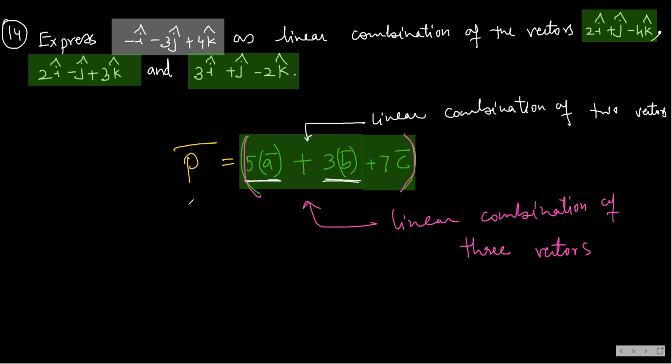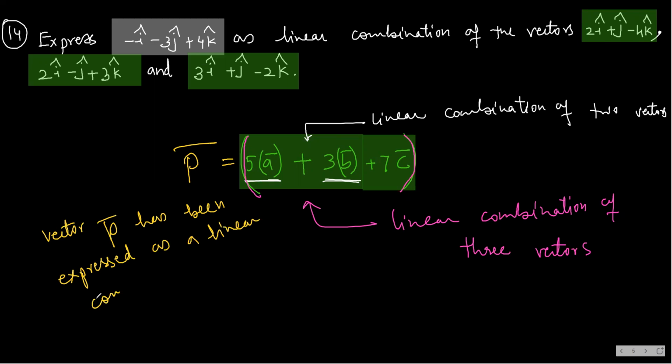Now what can I say? I can say vector P bar has been expressed as a linear combination of vectors a bar, b bar and c bar.